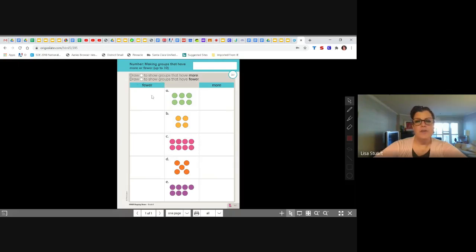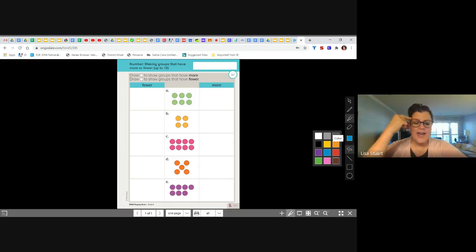I'm going to start with fewer first today. Let's see. I think I'll do blue. And I see I have to count the ones in the middle first. 1, 2, 3, 4, 5, 6. Or when I look at it, I notice it's 2 sets of 3, which makes 6.